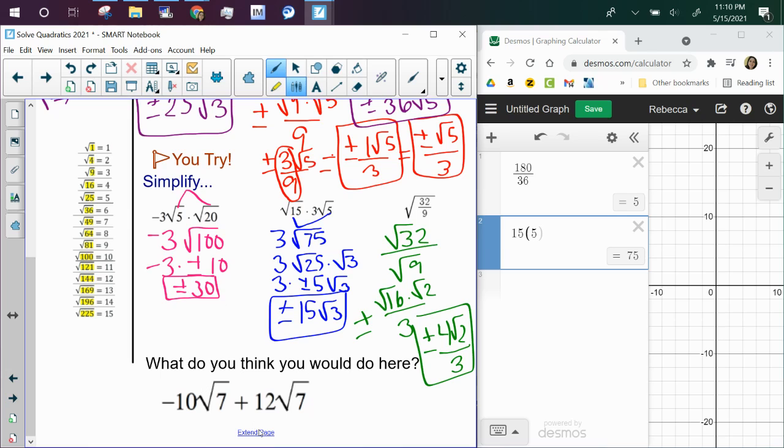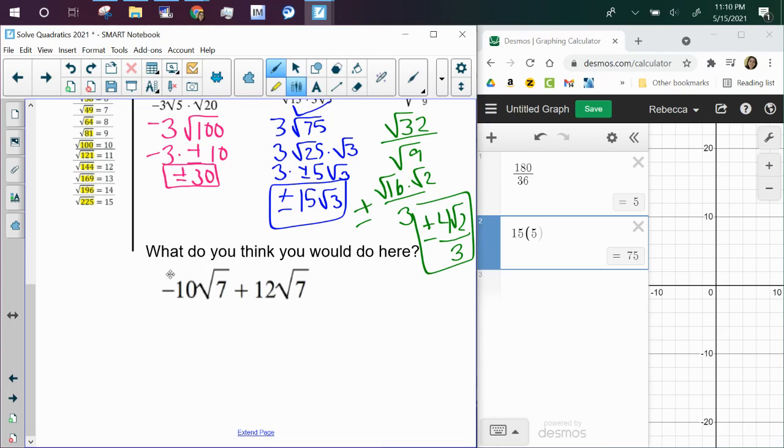Hey, before I leave you, I want to talk to you about one more thing. What do you think you will do for a problem like this? Now notice it's not multiplication like the other ones. I can't break a radical up into plus problems. So if you ever get a problem like this, you want to think of this radical right here like a variable.